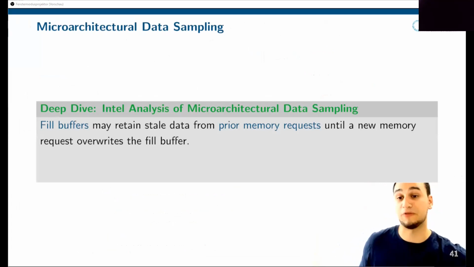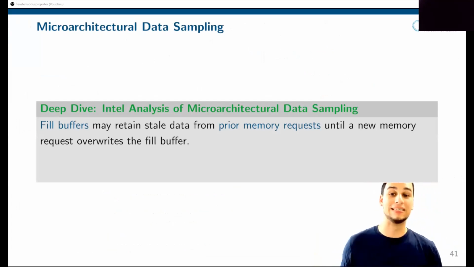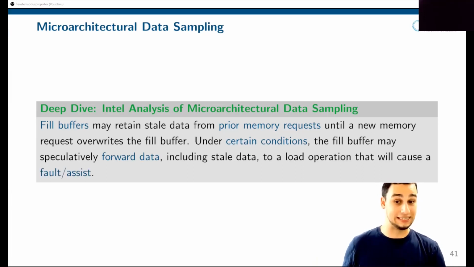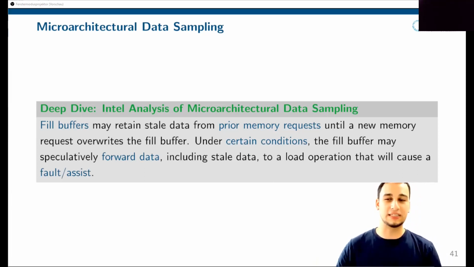Here they say fill buffers may retain stale data from prior memory requests until a new memory request overwrites the fill buffer. Under certain conditions, the fill buffer may speculatively forward data, including stale data, to a load operation that will cause a fault assist. Interesting.